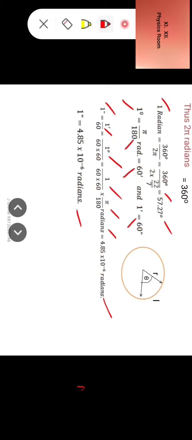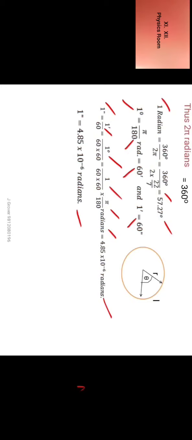So what you do, you convert all the given angle into seconds, and then multiply by 4.85 into 10 raised to power minus 6. It will be converted into radians, because you have to use the radians as the unit of plane angle. So these are conversion scales. Everybody should remember them to solve numerical problems.